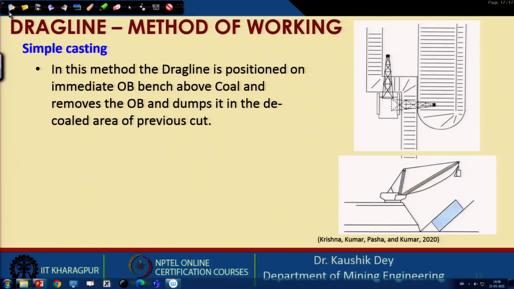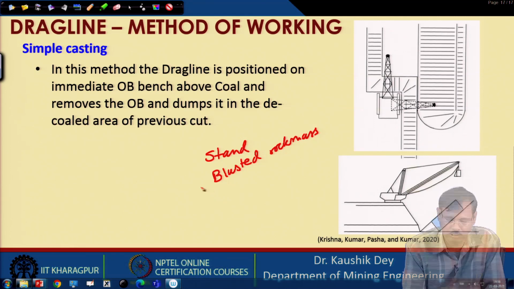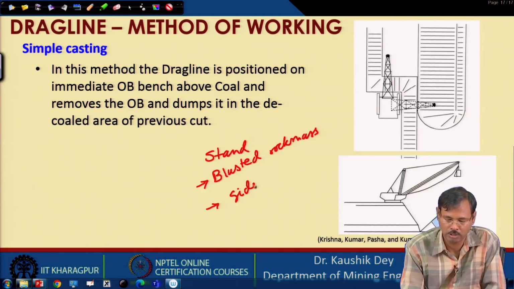In a nutshell, in the simple way, a drag line is allowed to stand on a blasted rock mass, take the material and go for side casting it to the overburden dump.